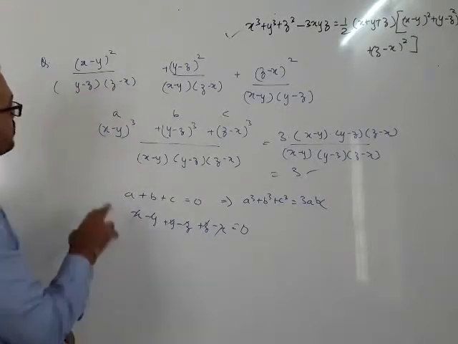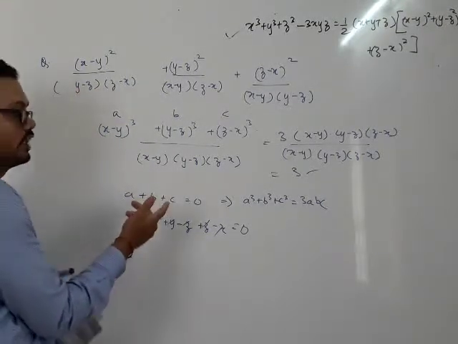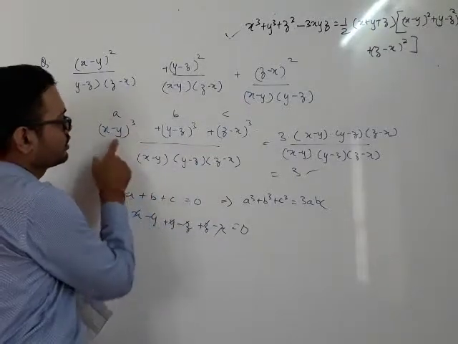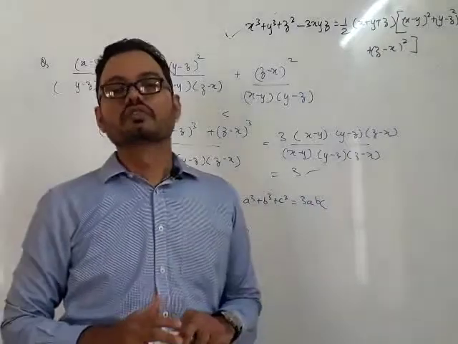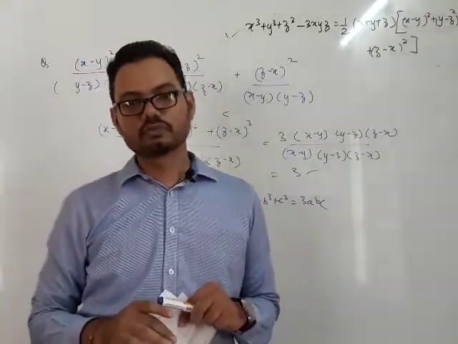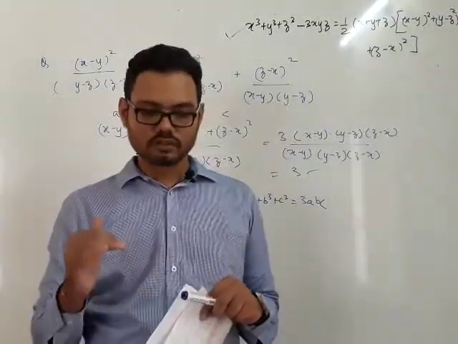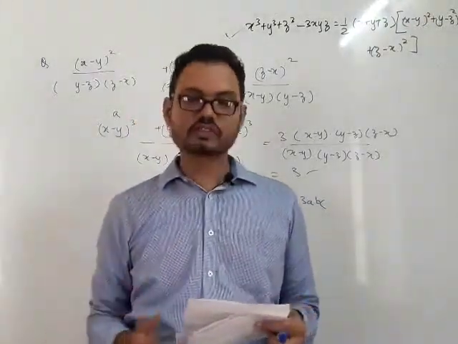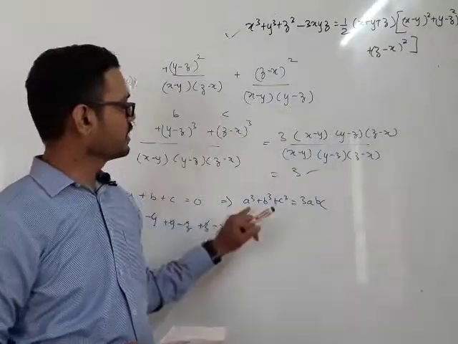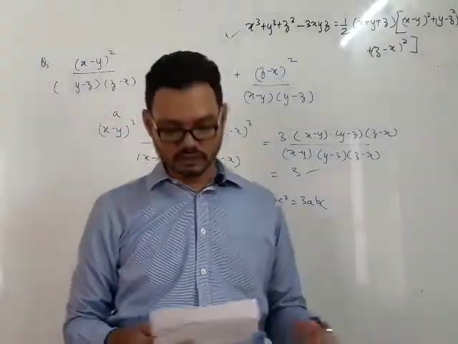They have given it in an indirect way. So the moment you take an LCM, it becomes a cube, b cube, c cube. The first thing that should come to your mind whenever you see a cube plus b cube plus c cube is to check whether a plus b plus c is coming as 0 or not. If it is coming as 0, definitely it will get cancelled. A cube, b cube, c cube will become 3ABC.